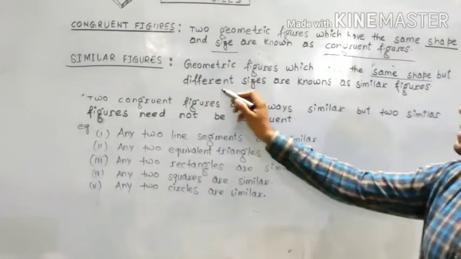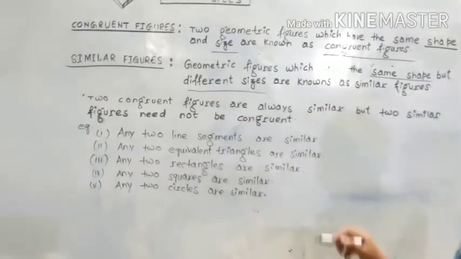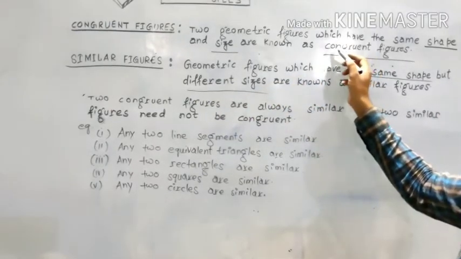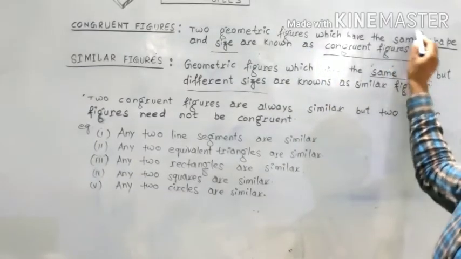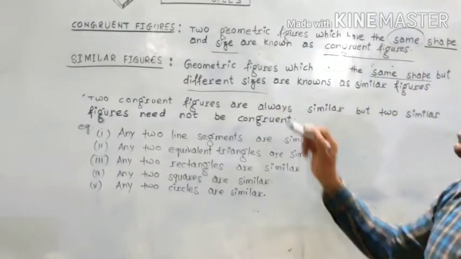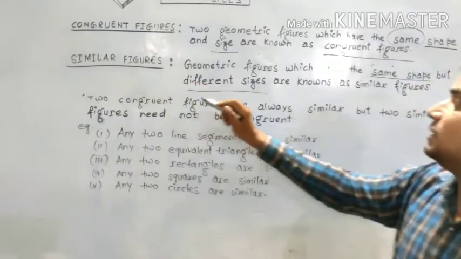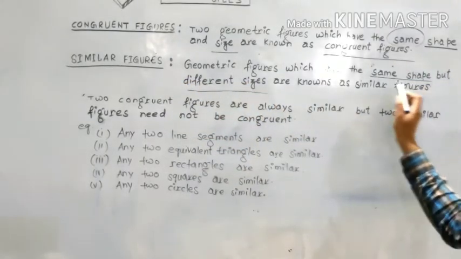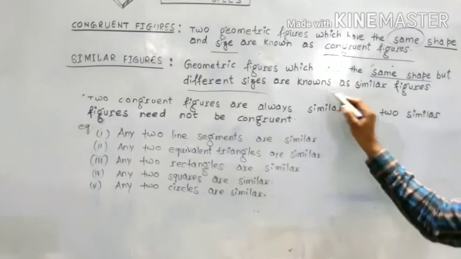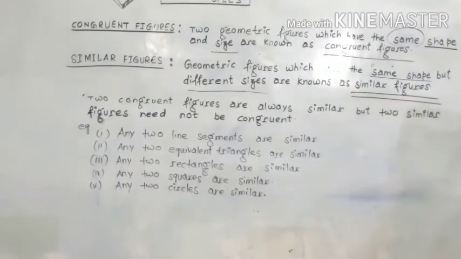But different size. In congruent figures, shape and size are the same. But in similar figures, same shape but different sizes are known as similar figures.